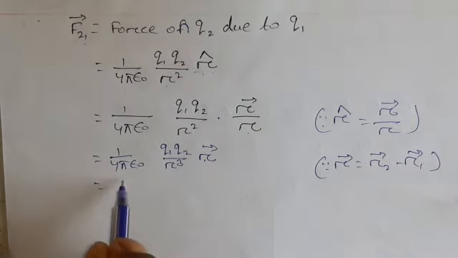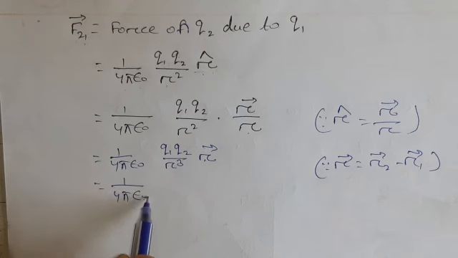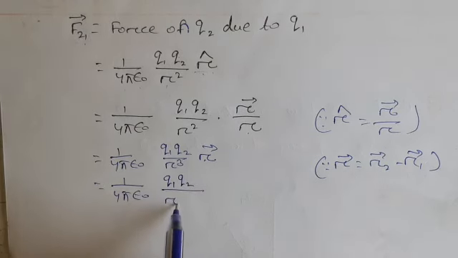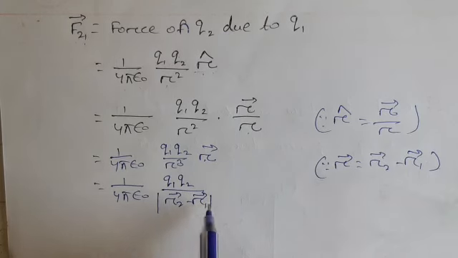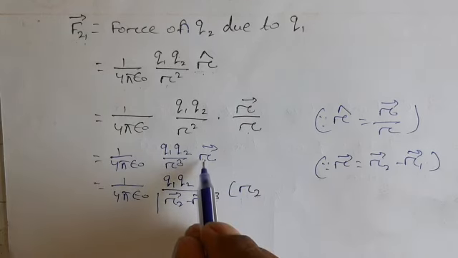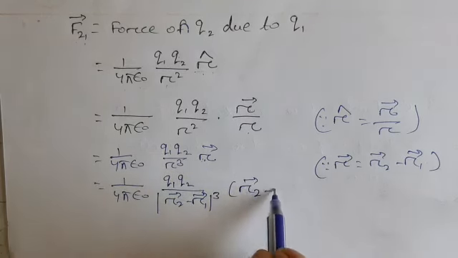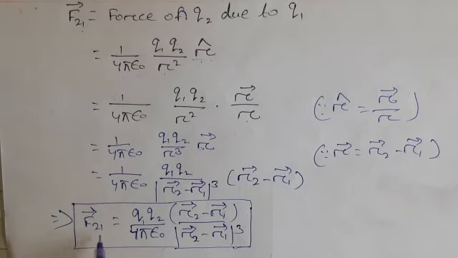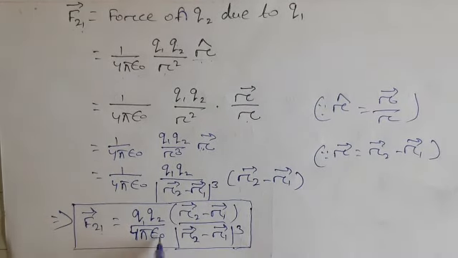So I will put here 1 by 4 pi epsilon naught Q1 Q2 by magnitude of R2 vector minus R1 vector to the power 3, into, in place of R vector I will write here R2 vector minus R1 vector. Okay. So I will write here F21 vector equal to Q1 Q2 by 4 pi epsilon naught, R2 vector minus R1 vector by magnitude of R2 vector minus R1 vector to the power 3.